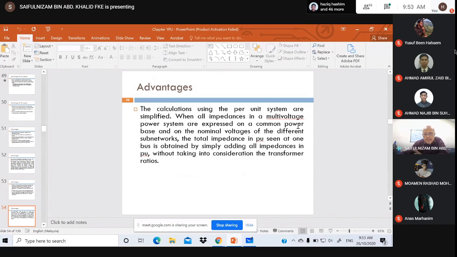Remember, only one reference or one common power is selected, and nominal voltage at different networks. So the new nominal voltage depends on the turns ratio of the transformer, right? If we have a transformer, we have to bring the new base at the primary to the secondary using the transformer turns ratio.